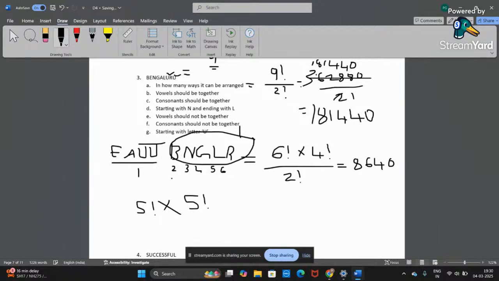So 5 factorial. How many are the repetition? U has repeated 2 times, so write it here. So what is the answer? 5 factorial into 5 factorial by 2 factorial. It is 7200. In 7200 ways, the consonants can be together in the word Bengaluru.